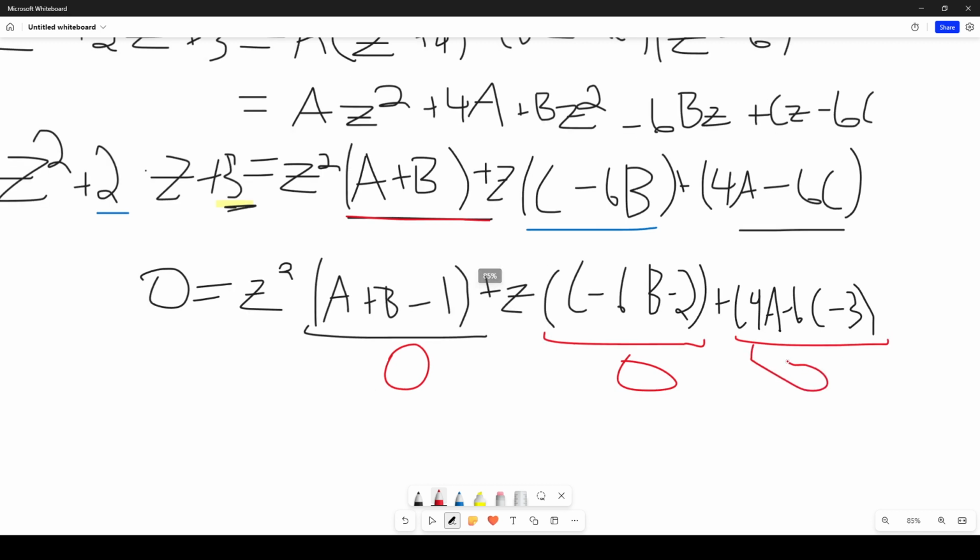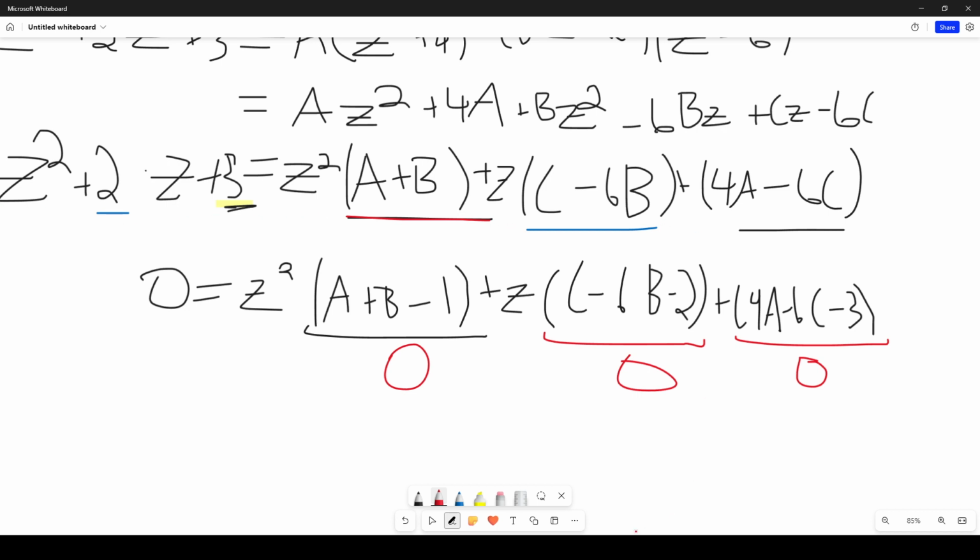That's the only way this equation could ever be true. What that means is that we get A plus B equals 1, C minus 6B equals 2, and 4A minus 6C equals 3. Same idea with equating the coefficients: red to red, blue to blue, black to black.